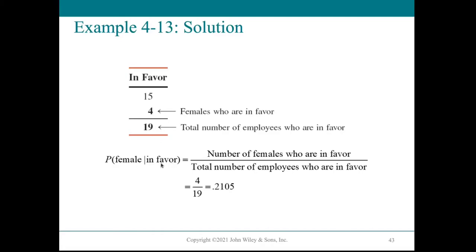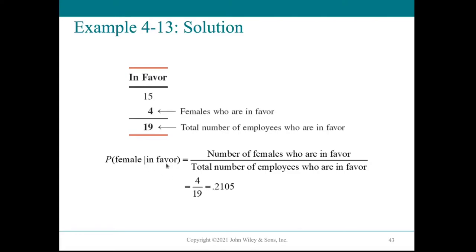See the difference? The condition that you must be in favor comes first before considering whether you're a male or a female. That's the issue with conditional probability. You need to know which comes first, because in the calculation, the condition that comes first becomes your denominator, although it is the condition that is written last. It's a bit confusing.